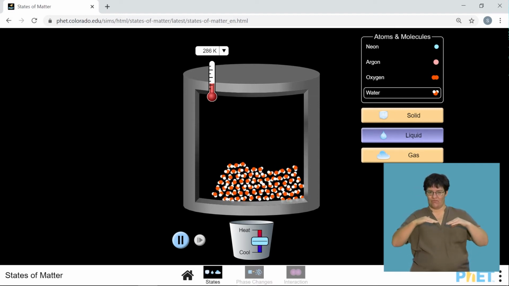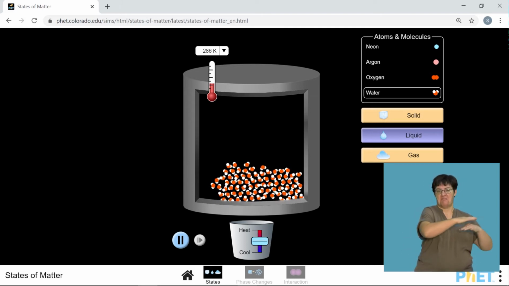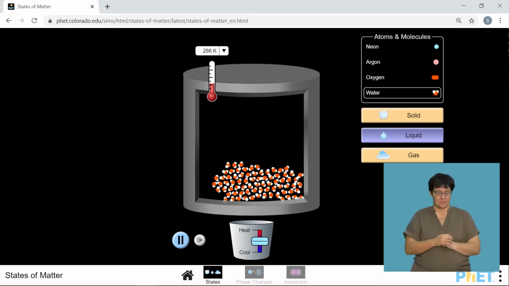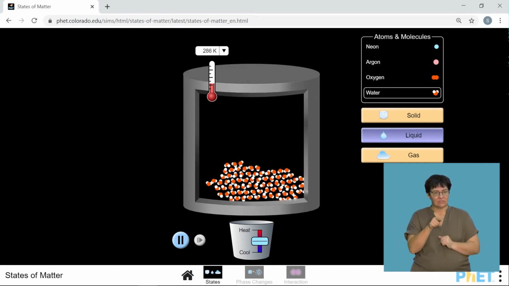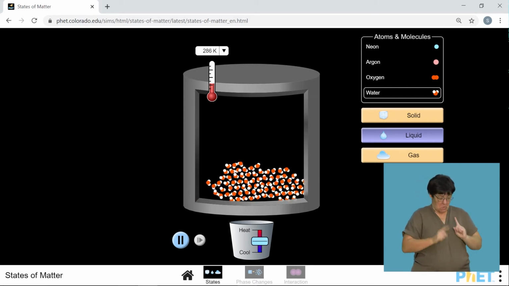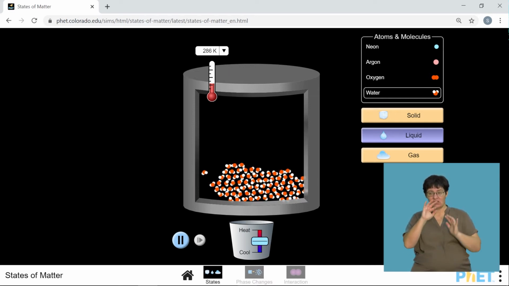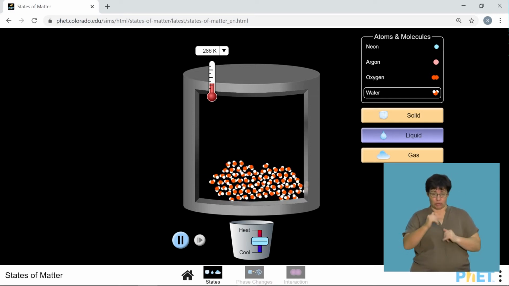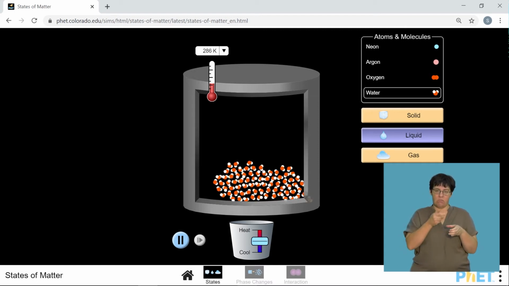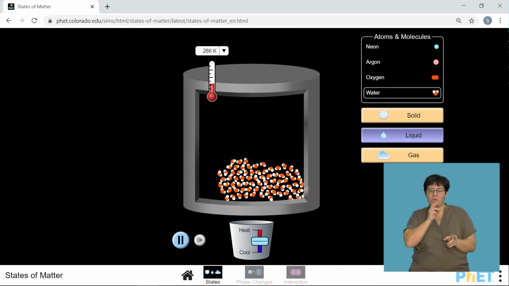There is some movement, but the movement is much greater compared to that between the solid particles. And also, there is some evidence that suggests that the forces are comparatively weaker than those of a solid. In terms of shape, you'd realize that there is no definite shape. In this case, the liquid takes the shape of the container. So these are some of the obvious characteristics or properties of a liquid that must come to mind, right?